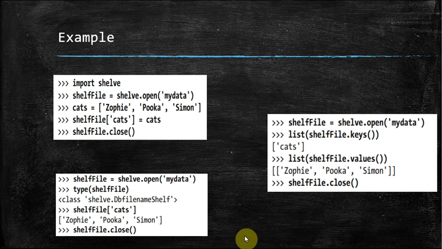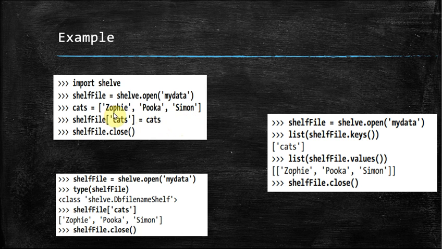First of all, in the beginning, we have to import this shelf module. After that, for any file you want to open, you have to pass that particular name. Then in this example, we have created a list, and in the list we have given some items.